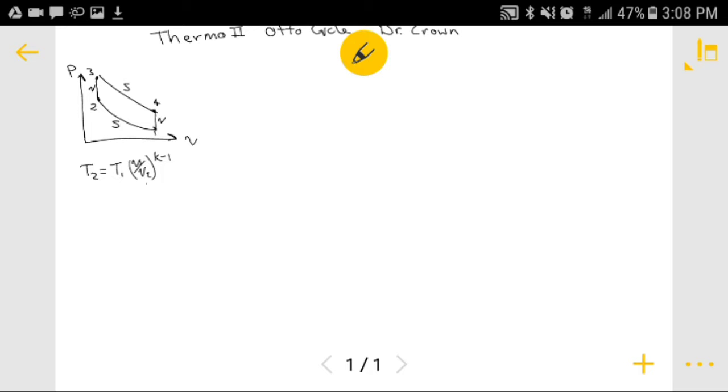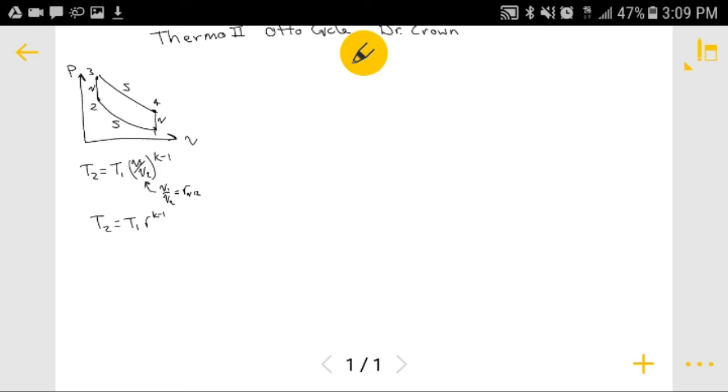And then we can write V1 over V2 as our definition of r, or the compression ratio. Since I may have a lot of these, I sometimes write r_v12, which means the volume ratio for process 1 to 2. So then finally, T2 equals T1 r to the k minus 1.